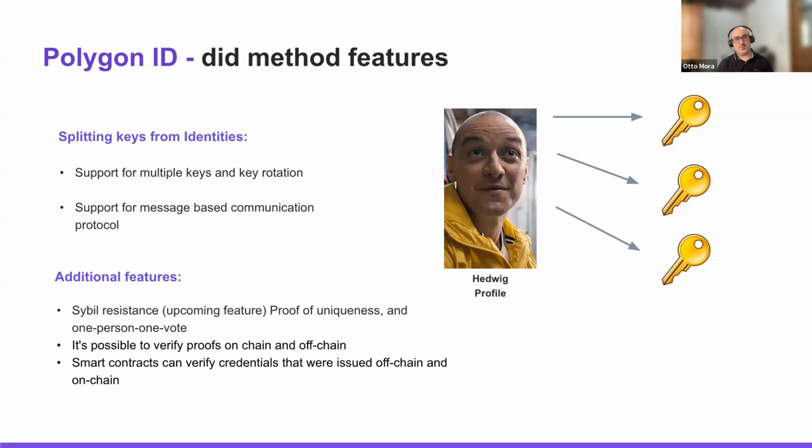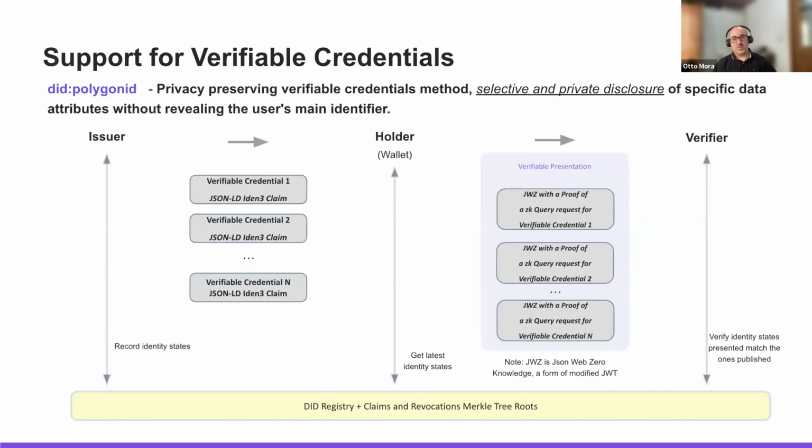Some upcoming features include Sybil resistance, proof of uniqueness, and the ability to do one person, one vote. And as I was mentioning, you could do on-chain verification of the proofs, and smart contracts can also verify proofs.